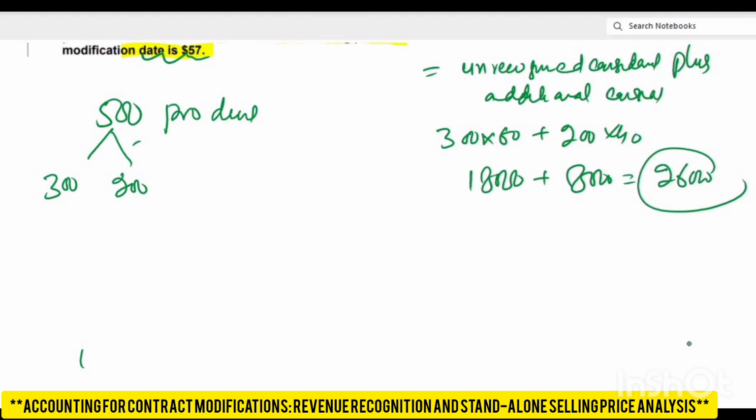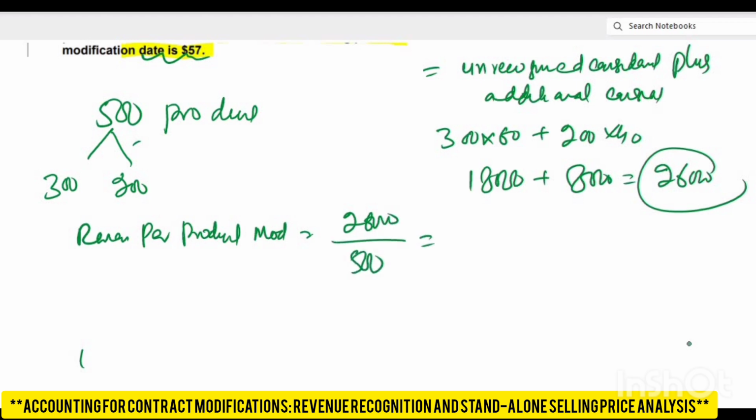Clear? So if you want to calculate the revenue per product after modification, you just have to divide this new transaction price by the remaining units, and then you will get 52 per product. This is the revised price after modification. Clear?